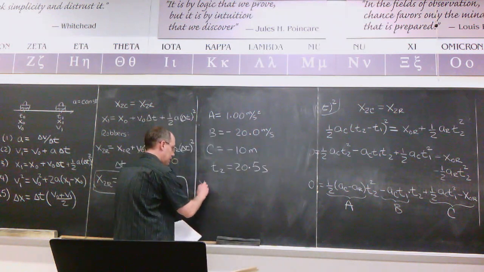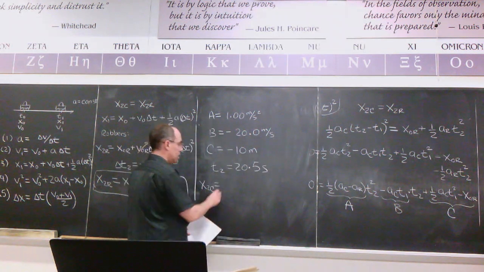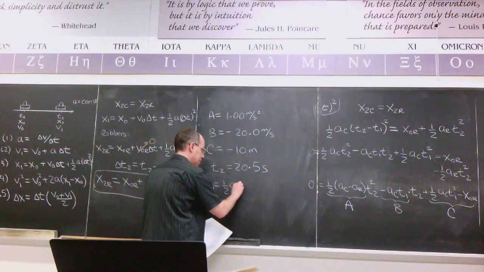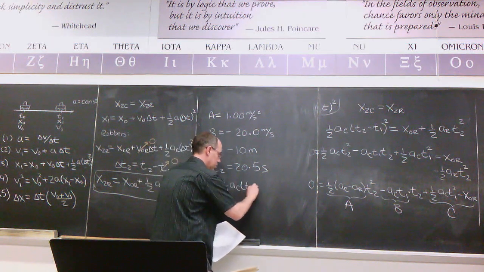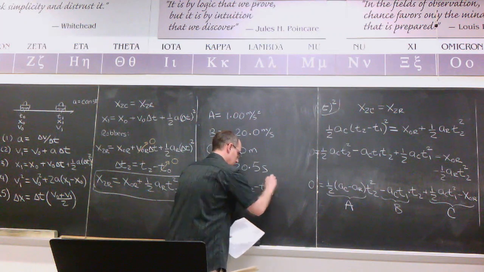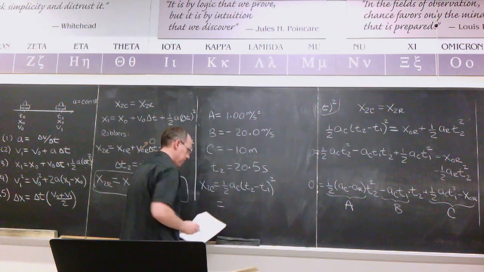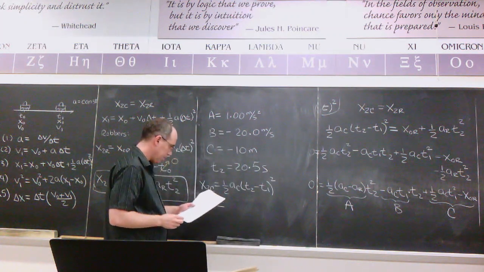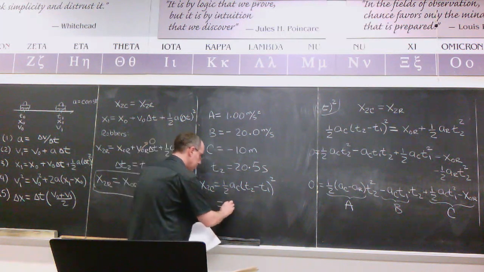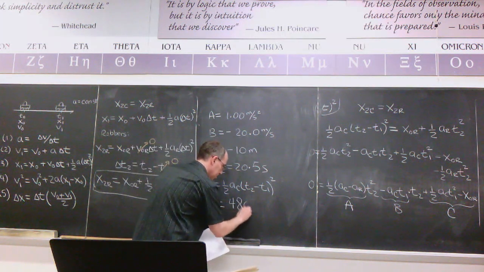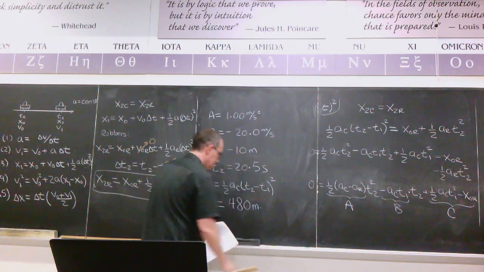So we'll then say x2 cops equals 1/2 a cops (t2 minus t1) squared, and then on substitution, 480 meters. Okay, there you go.